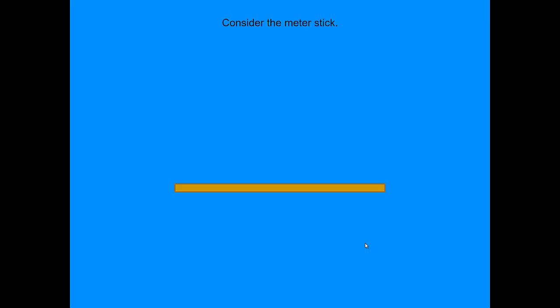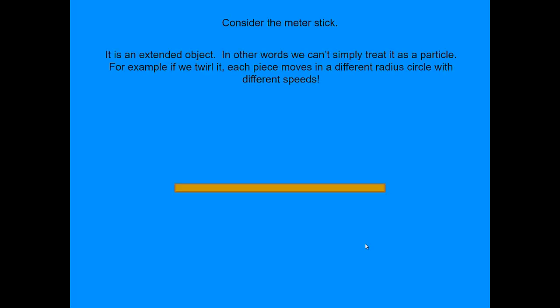Well, we could treat the meter stick as if it was a particle, but it might be a little harder to do if we twirled it, spun it, if you will. If this meter stick is spinning, you might notice that different pieces of the meter stick are going in different size circles, even though the whole thing is taking the same amount of time to go around once, which means different pieces of this meter stick are going at different speeds.